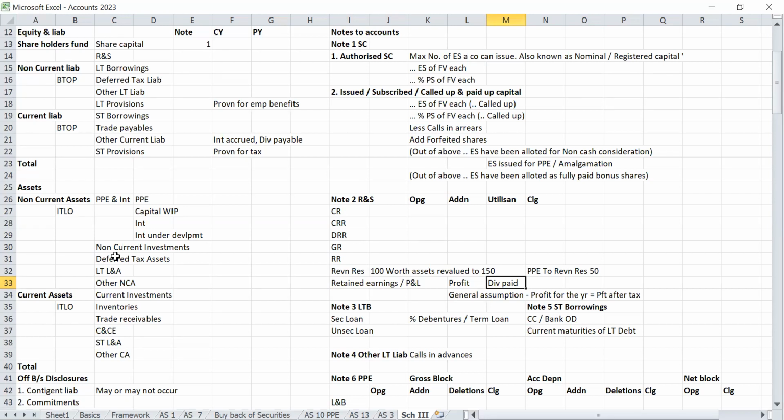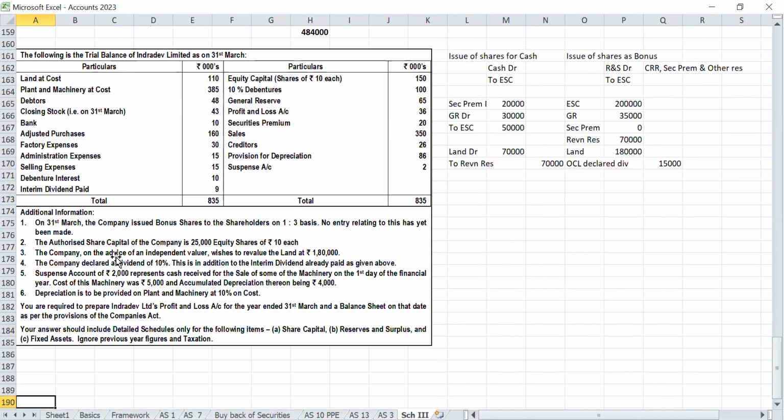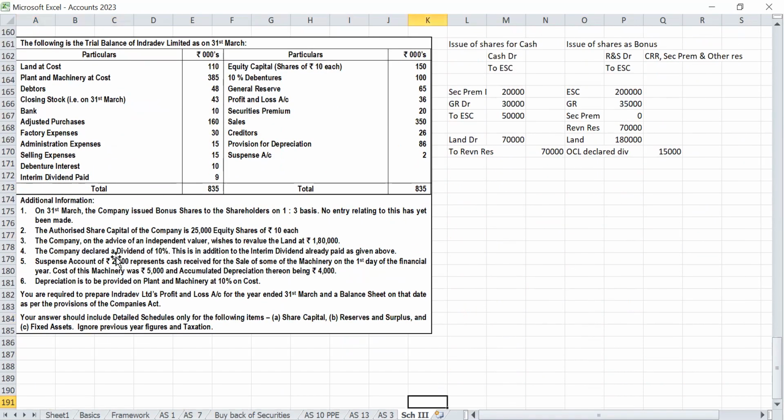Two dividends will come: declared dividend and interim dividend. Both you should deduct. Declared dividend 15,000, then interim dividend 9,000. But you should not deduct them when preparing the profit and loss account. In reserves and surplus you should deduct that. Understood? Yes, sir.